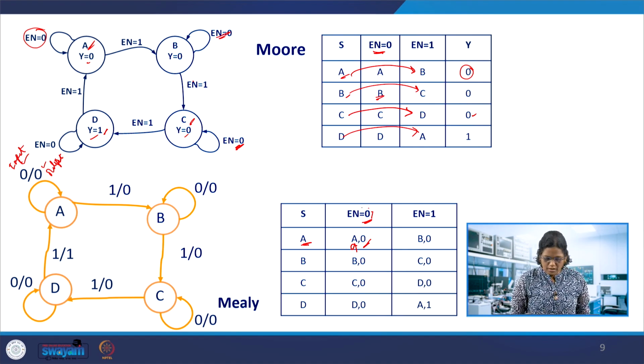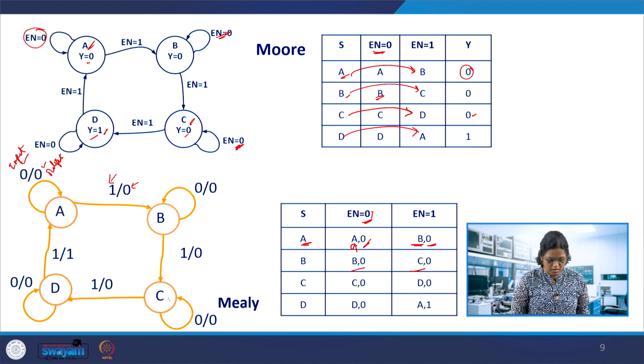If the enable is 1, go to the next state, that is B. This is the transition line. This is input 1, enable 1, and the output is 0 still. This is the output which is shown over here. Then at B, it stays there when the input is 0, and the output is also 0. Here enable is 0. If enable is 1, go to C and still the output is 0, it is not done yet.